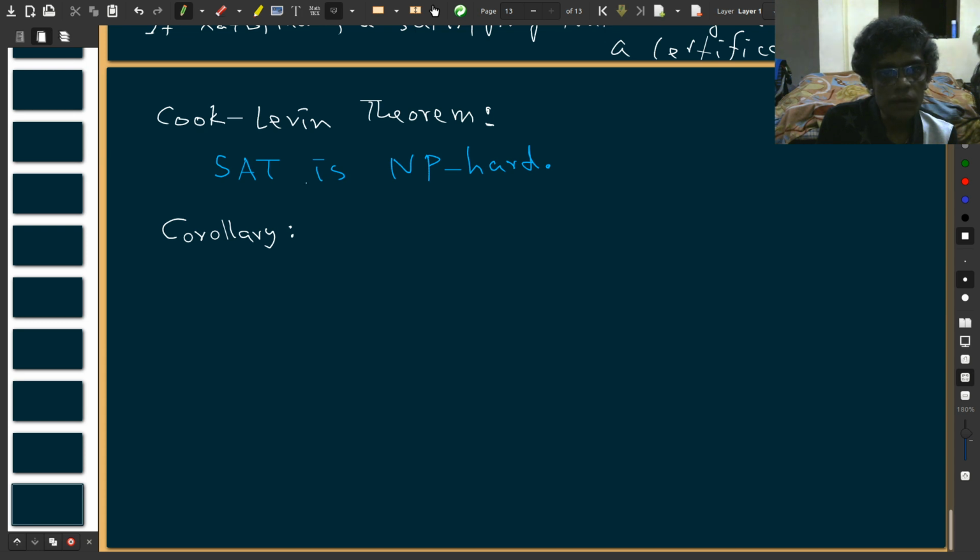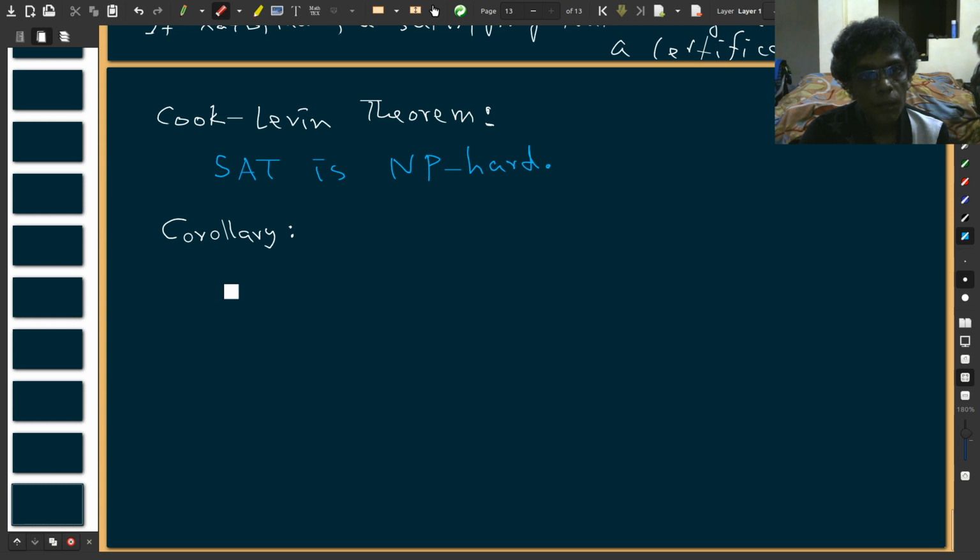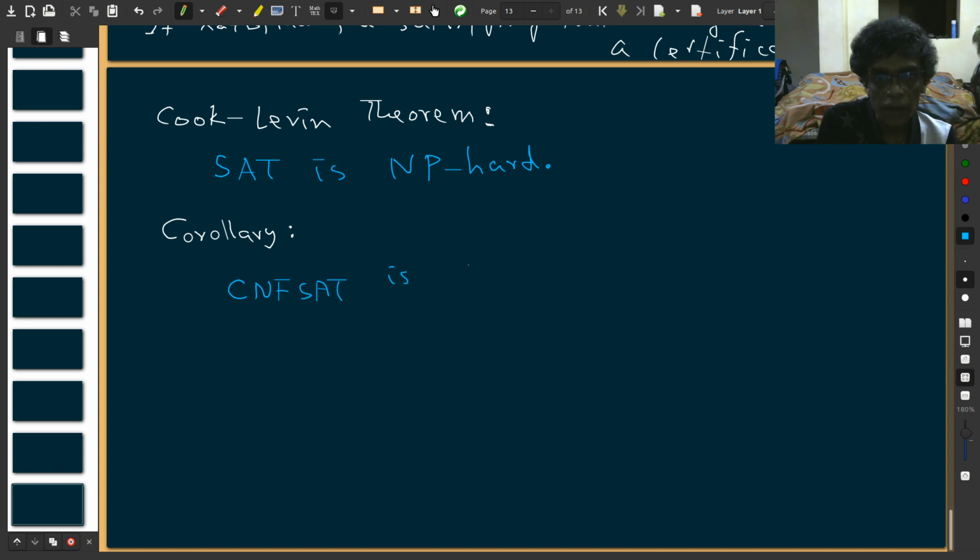Not exactly a corollary, a slight modification of this construction shows that CNFSAT is again NP hard or NP complete. What about KCNFSAT? I will come to that later.